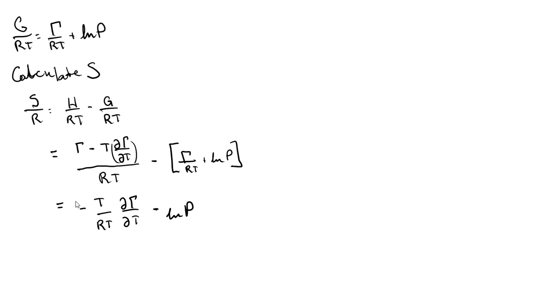If I skipped a couple steps, I've got gamma over RT minus gamma over RT. That cancels out.